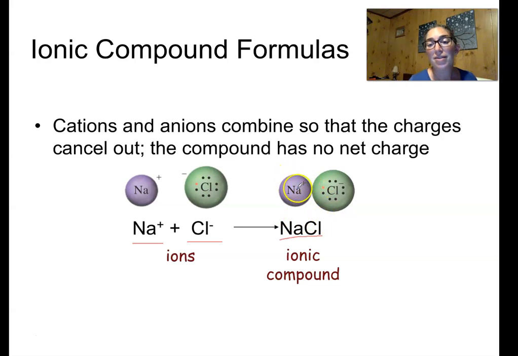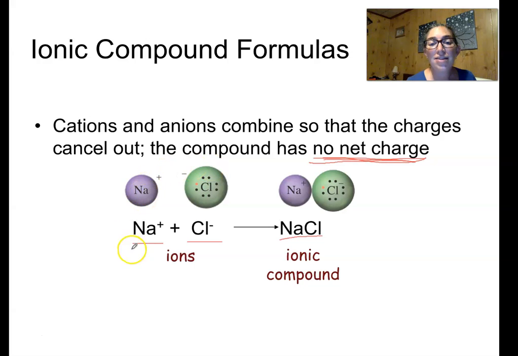So these components are charged. The sodium is positively charged, the chlorine is negatively charged, but those charges cancel out. So overall, this ionic compound has no charge, right? There's no charge written up here. Ionic compounds, by definition, have no net charge.